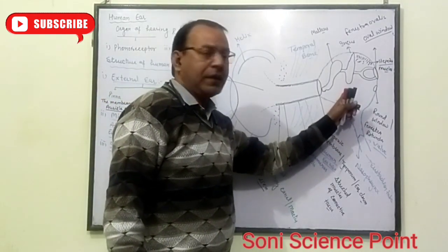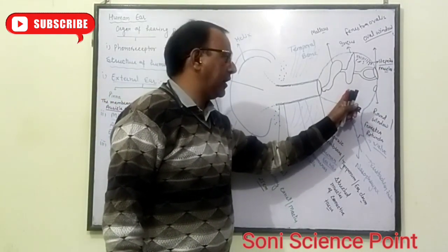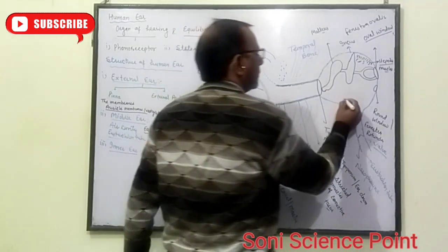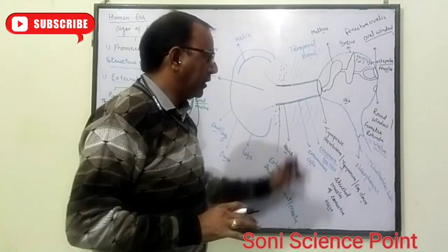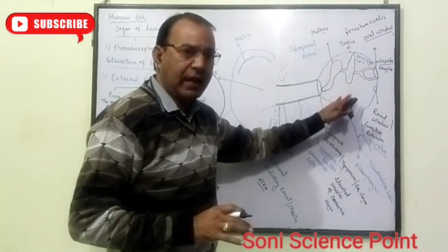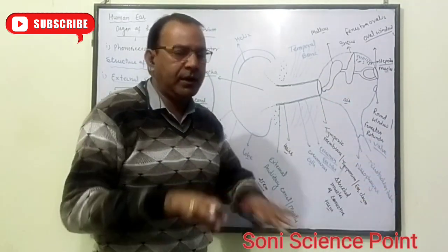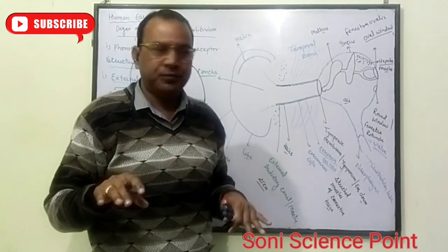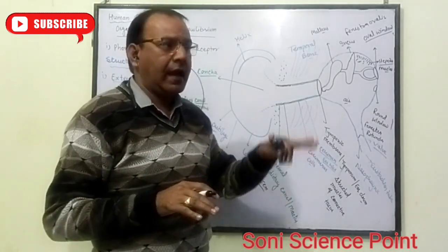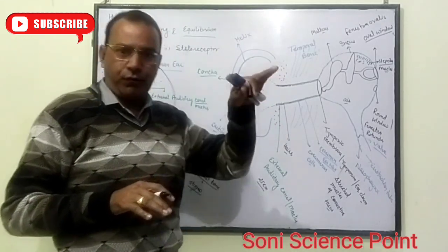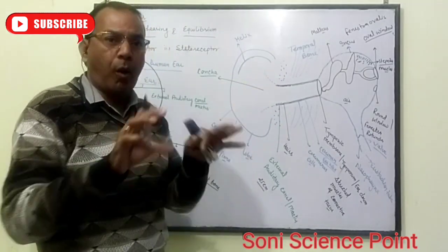The air cavity is full of air. When we remain on the earth, the pressure of air inside the cavity and the external environment remains similar. But when we go into an aeroplane, as it starts to take off, we feel some popping sound.